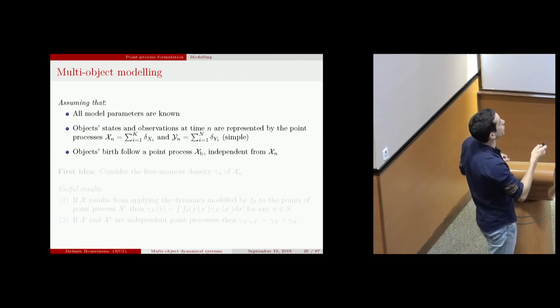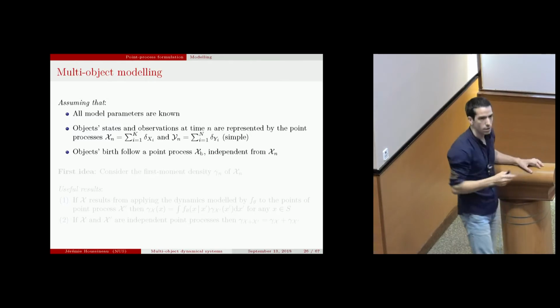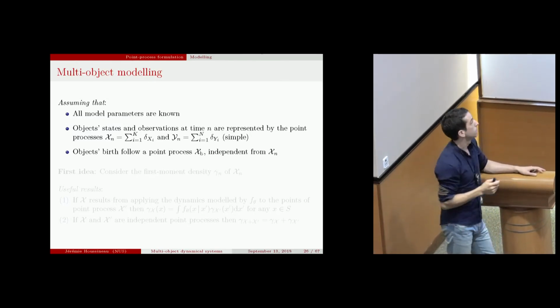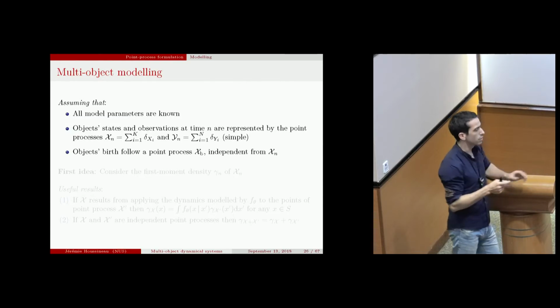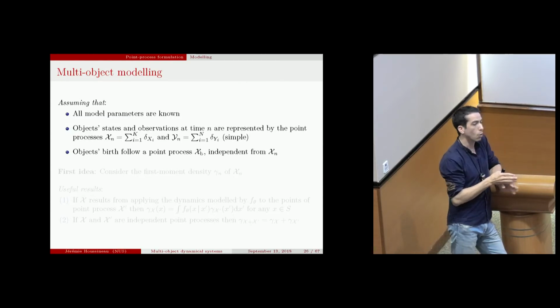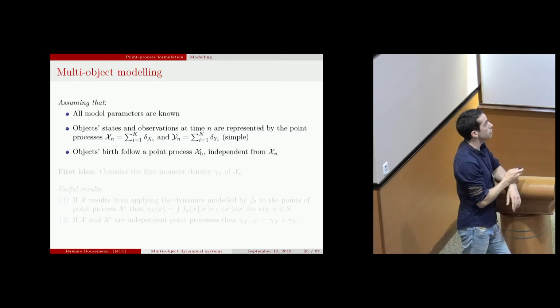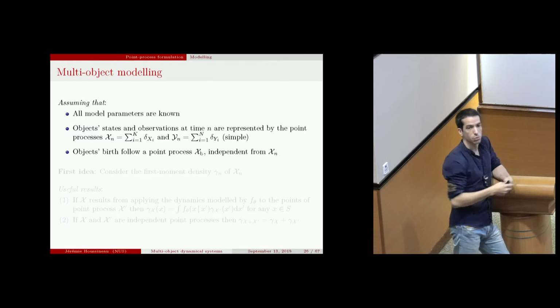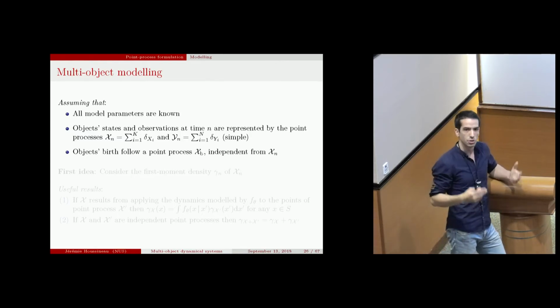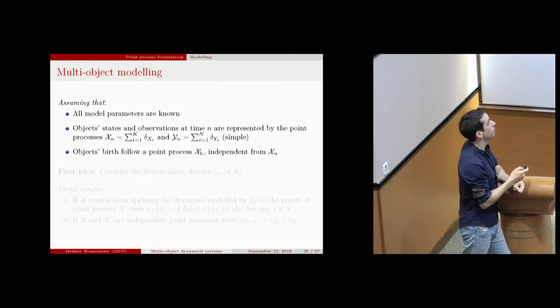Here we don't have to assume what point process people call simplicity, so we don't have to assume that all points in the process are at different locations. But the observation is also a point process: you receive a random collection of observations at every time step. So here, the observation at time step n is again a point process.